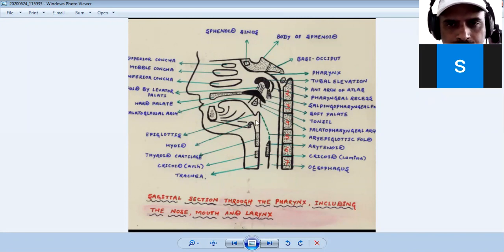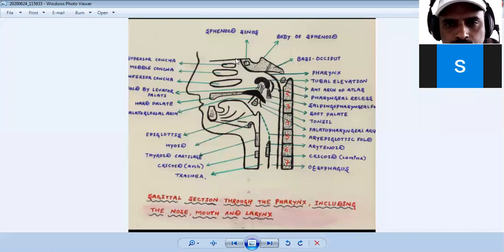So the anterior wall of the pharynx is incomplete. You have to tell that the anterior wall of the pharynx is incomplete because of cavity communication. There is no specific boundary or structure seen anteriorly like superior, inferior, and posterior. So you have to remember the anterior boundary is incomplete because it is communicating with the cavities.